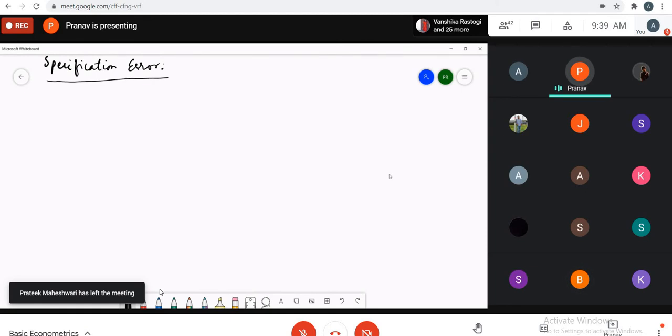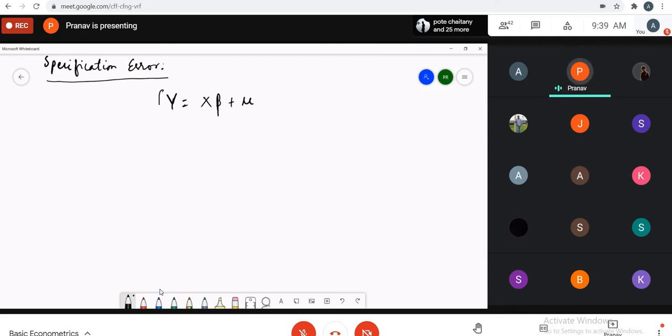Okay, all right. If you remember, this is the population regression function that we have. The specification of our linear regression model centers on how these x's enter the equation and the form of the probability distribution of the error terms.